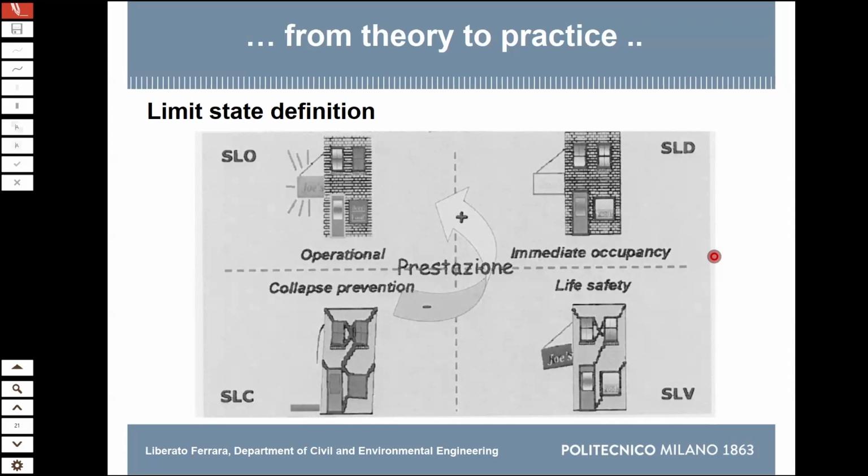Then we have this true limit state that most of the cases we merge together: the life safety and collapse limit state. So your structure has suffered very severe damage, but it retains the capacity to stand, at least supported with some false work.